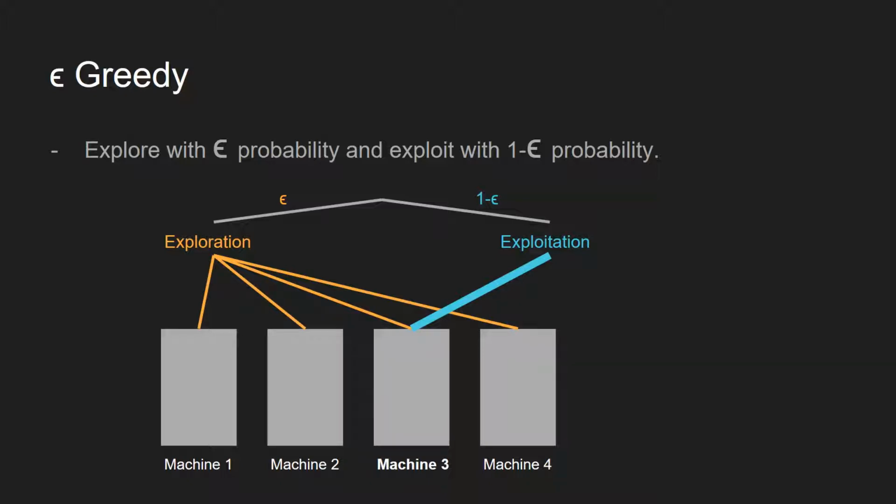For example, if we have around 10 slot machines, then for around 10% of the time, you randomly choose a machine. The rest of the time, you exploit the best possible machine at that point, which is pretty good compared to the naive greedy approach we saw before. Even though epsilon greedy seems to be a good choice, it has also been proved to have a linear total regret.